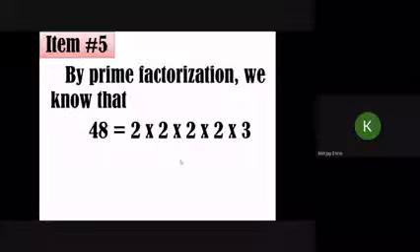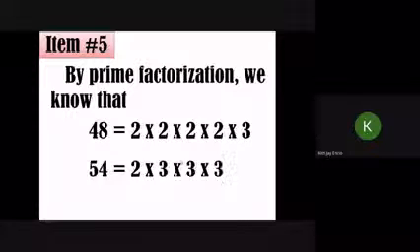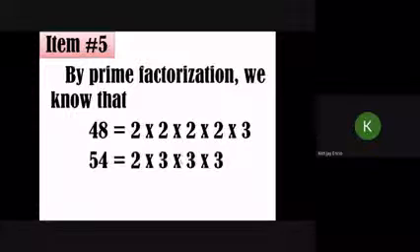So we know that 48 could be factored as 2 times 2 times 2 times 2 times 3. You could accomplish this by making use of your factor tree if you wish. And 54 could be factored as 2 times 3 times 3 times 3.